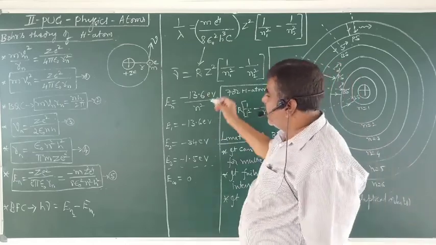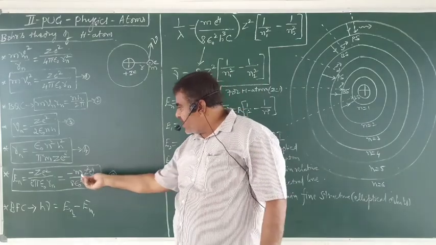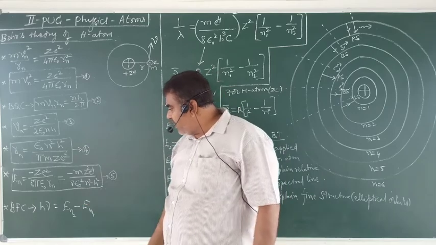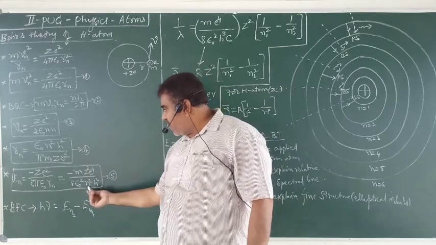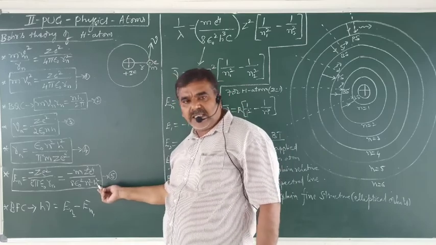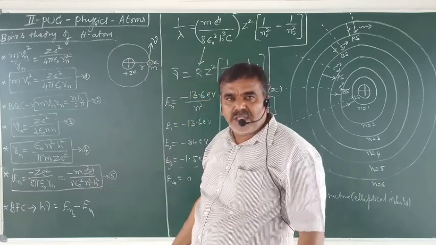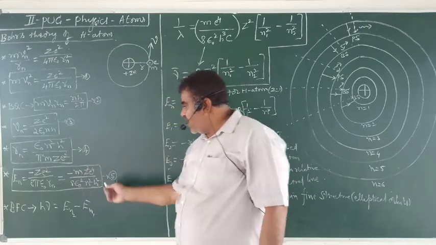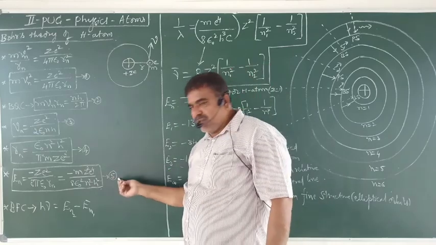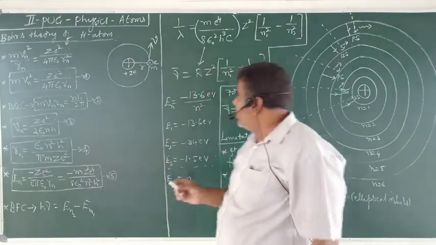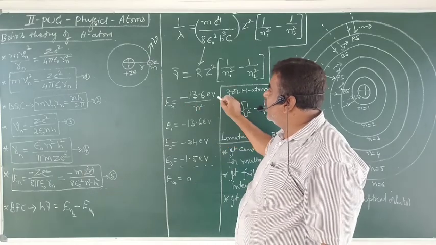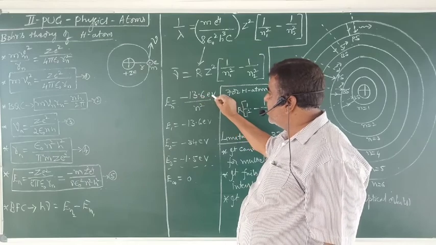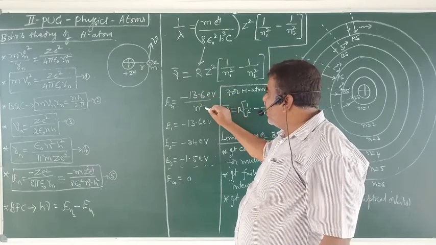Now, if I calculate the energy value, I substitute the mass of the electron, charge of the electron, permittivity of free space, and for the first orbit n equals 1, and Planck's constant. All those values will be in your logbook, so note them down, substitute and simplify. I will get it in joules. If I convert it into electron volt, the energy in the nth permitted orbit comes out to be minus 13.6 electron volt divided by n square.